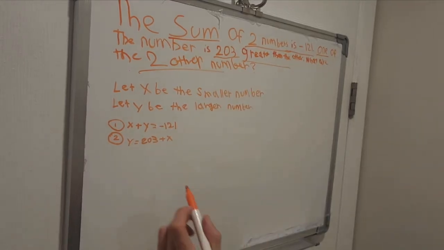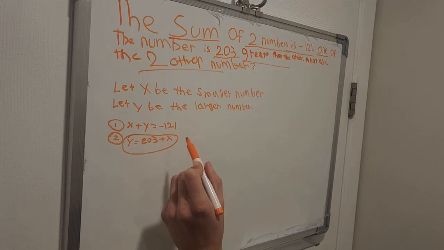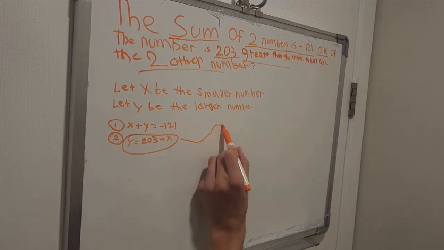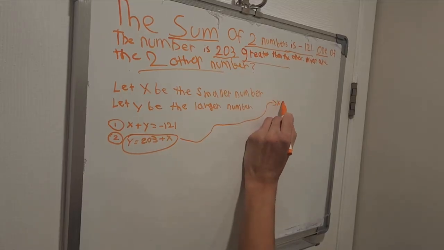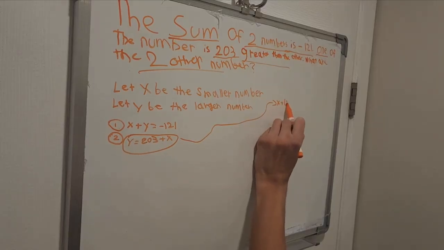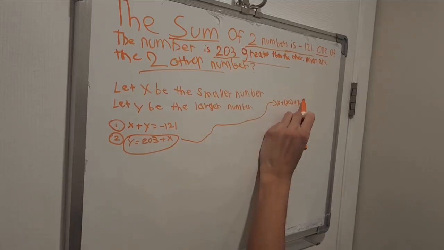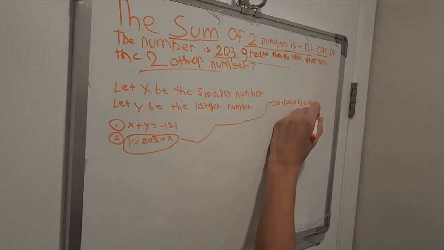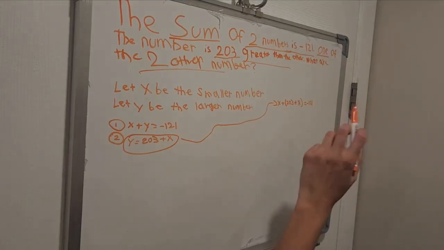So now what we do is basically sub it into 1. So if we just move it right here for more space, and now we do x plus 203 plus x equals negative 121.